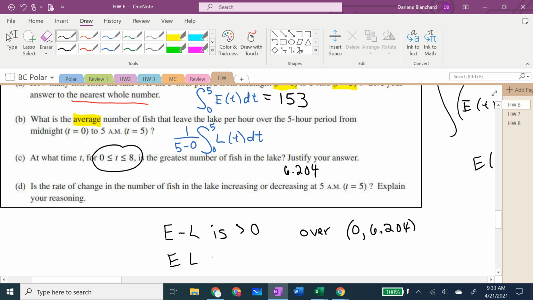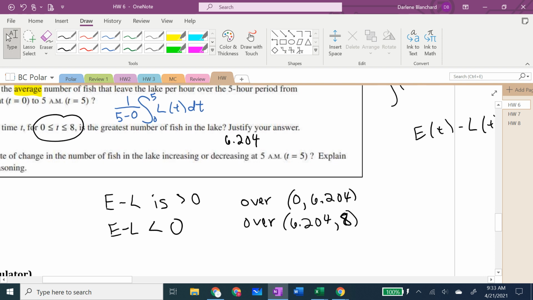E minus L is less than 0 over the interval from 6.204 to 8. That justifies that the absolute maximum occurs at t equals 6.204. But if you just say that E minus L changes from positive to negative at that number, you will not get the justification credit.